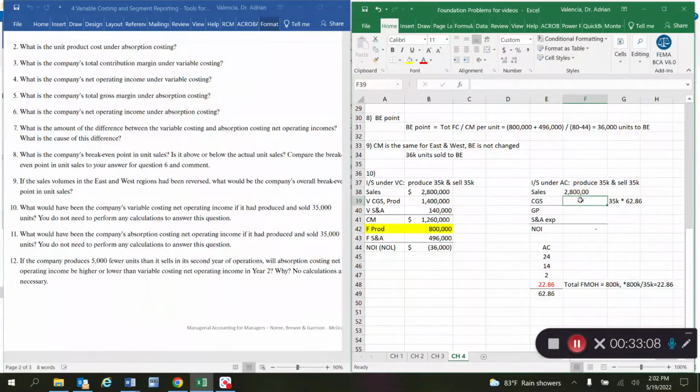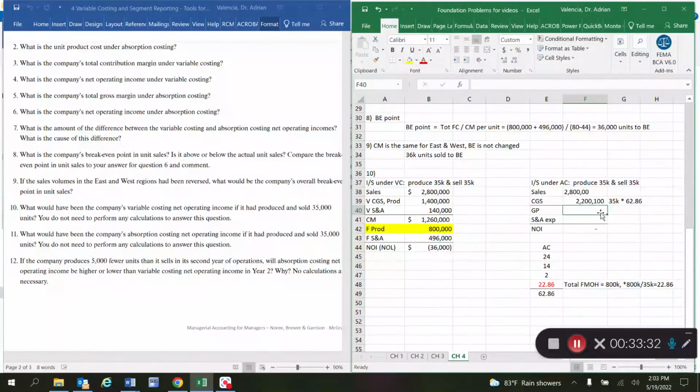Okay, so I'm going to go in here and do the formula: 35,000 times, I'm going to just round, 62.86. Okay, so that's 2,200,100.